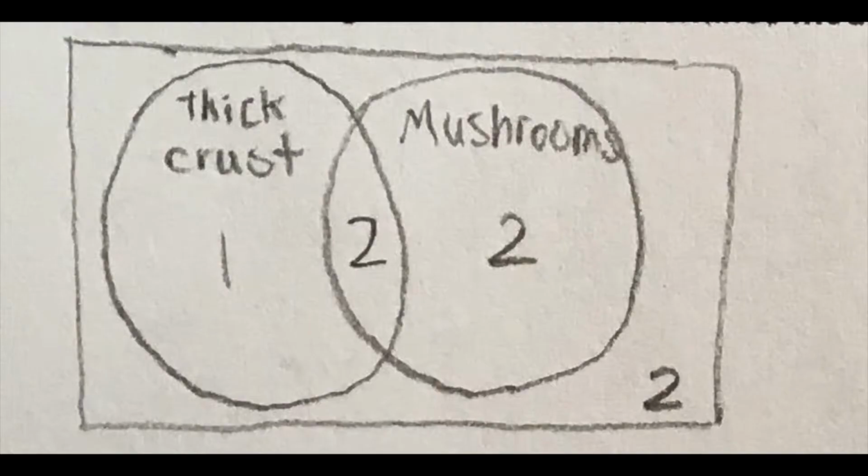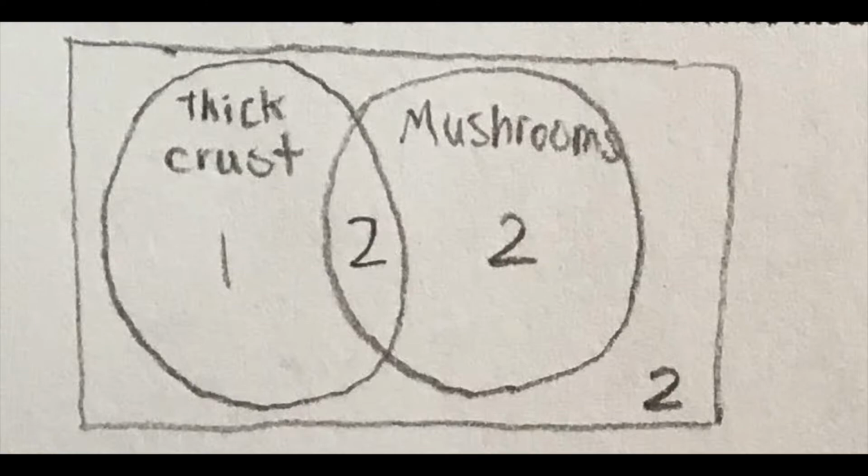Out of the 4 total pizzas with mushrooms, only 2 also have thick crust, meaning the probability is 2 out of 4. We could see the number of pizzas with no mushrooms just by looking at the numbers 1 and 2, the 1 from the thick crust circle and the 2 outside of both circles.